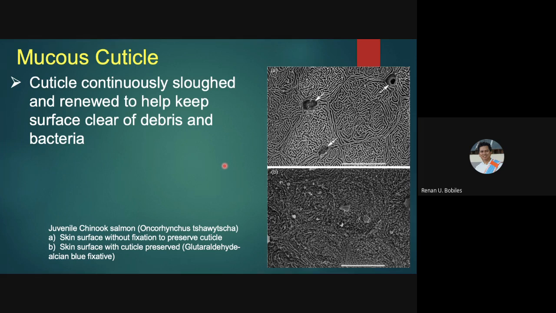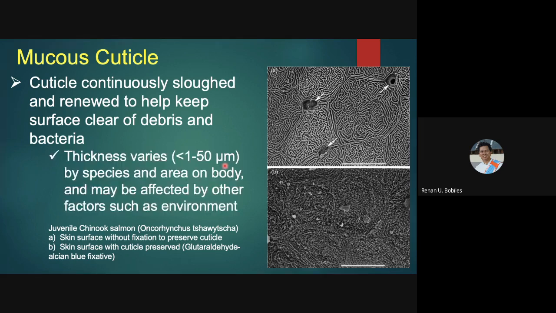Okay? Usually, ang mucous cuticle, meron siyang thickness of less than 1 to 50 micrometer. And the thickness may be affected by other factors such as the environment. Thickness ng cuticle is affected by the environment.